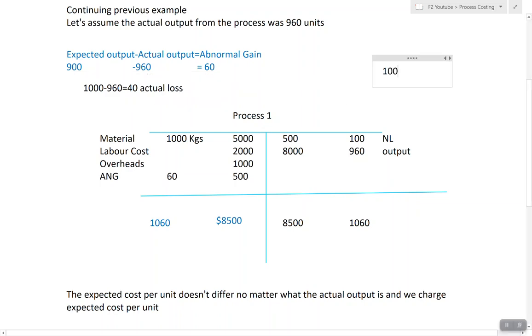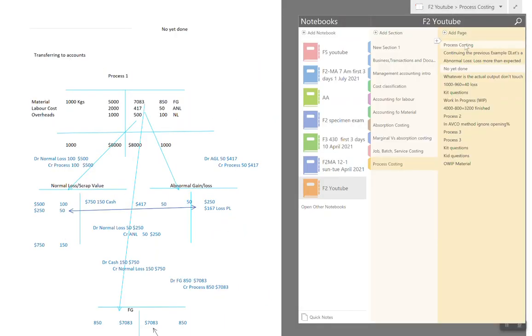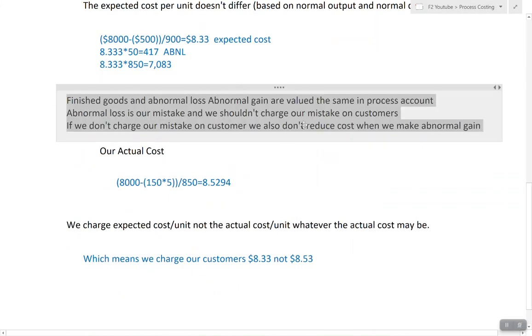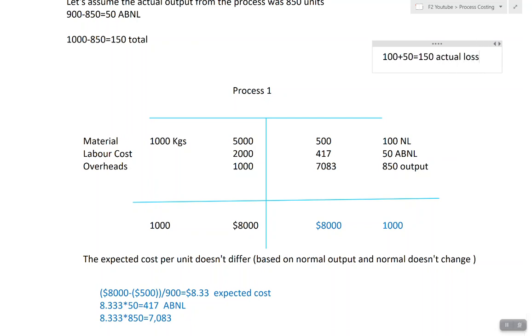If you take normal loss minus abnormal gain, you have actual loss. Or in the previous example, we have normal loss 100 plus abnormal loss of 50, actual loss.